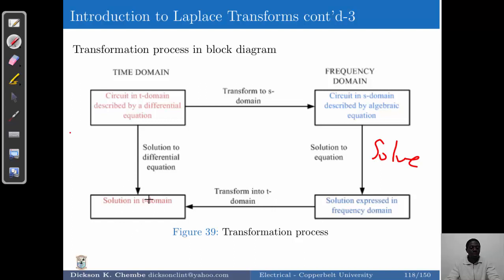So previously, when we looked at second and first order circuits, we focused on just the time domain. We were using differential equations to directly get our solution in the time domain. But in this case, we take this route where we first convert into the frequency domain, find the solution in the frequency domain, and then convert back into the time domain.